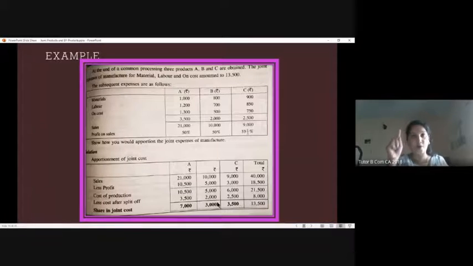So the concept of apportionment comes in. Then we learned about the different cost accounting methods used for apportionment of these costs. In that, we discussed 8 methods in our last 2 classes. The first method was the physical unit method, where physical units or volume was the basis for apportionment.